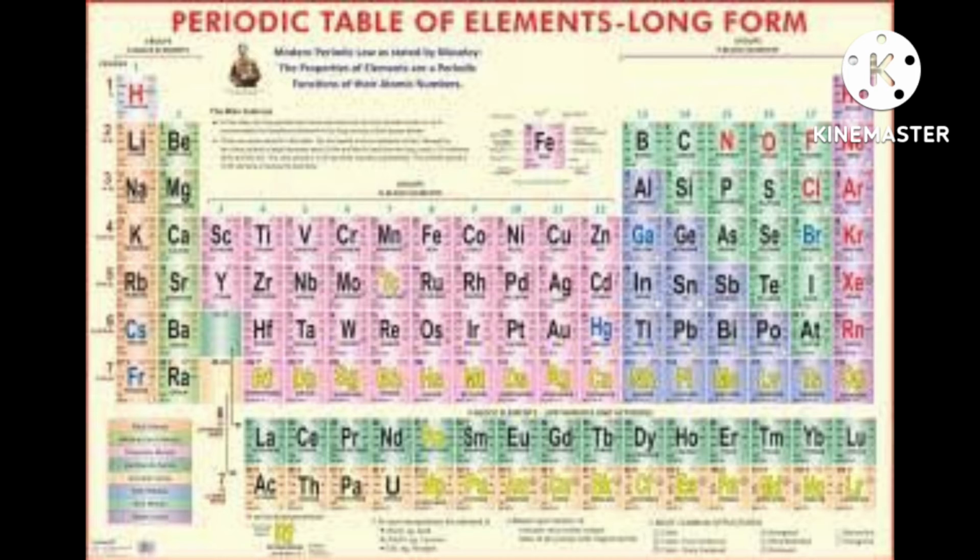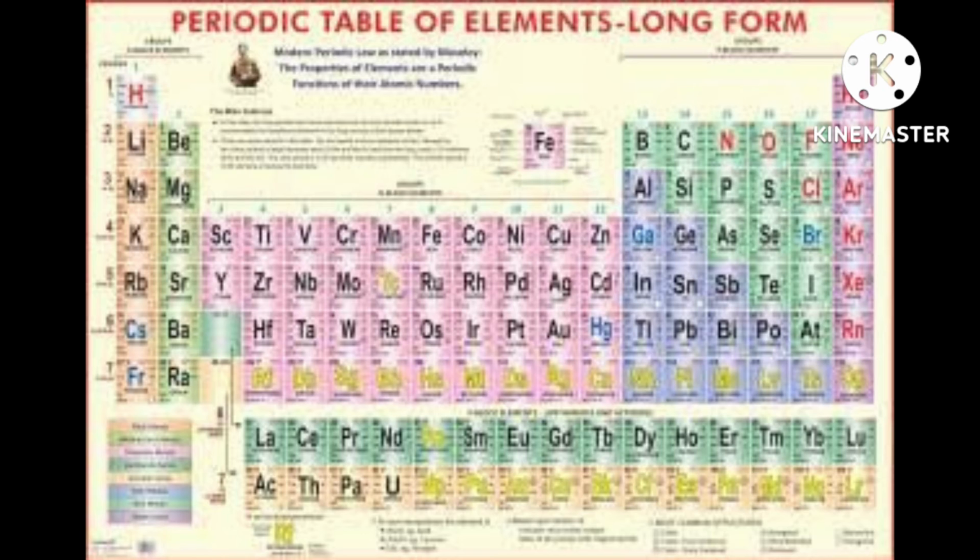The orbit number will increase, maybe 2, 3, 4, or 5 orbits, but in the end the outermost electron will always be in s1.